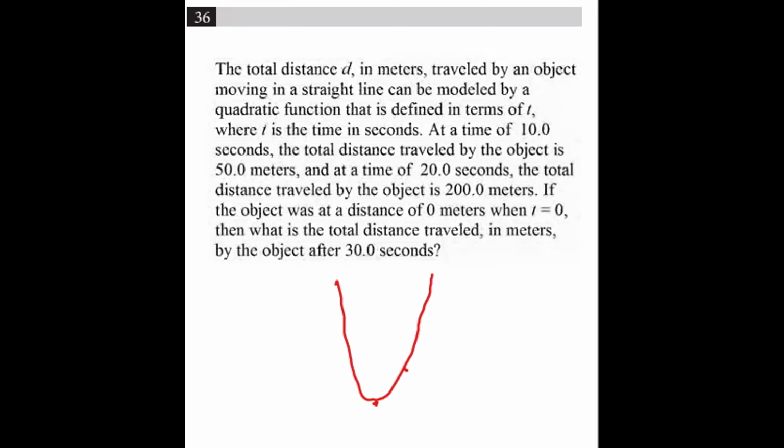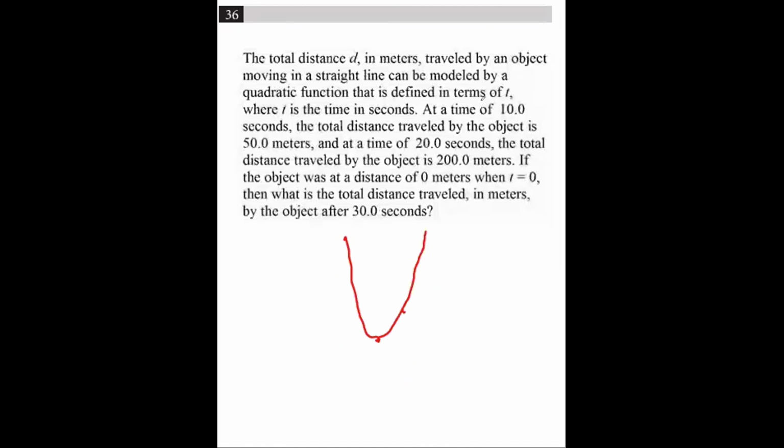So in this case, at 10 seconds, if we use x squared, that would give us 10 squared, which is 100, which is double what we need for 50. So in this case, we just do 1/2 x squared. So 1/2 x squared, or 0.5 x squared, would basically be 10 squared is 100, divided by 2 is 50.